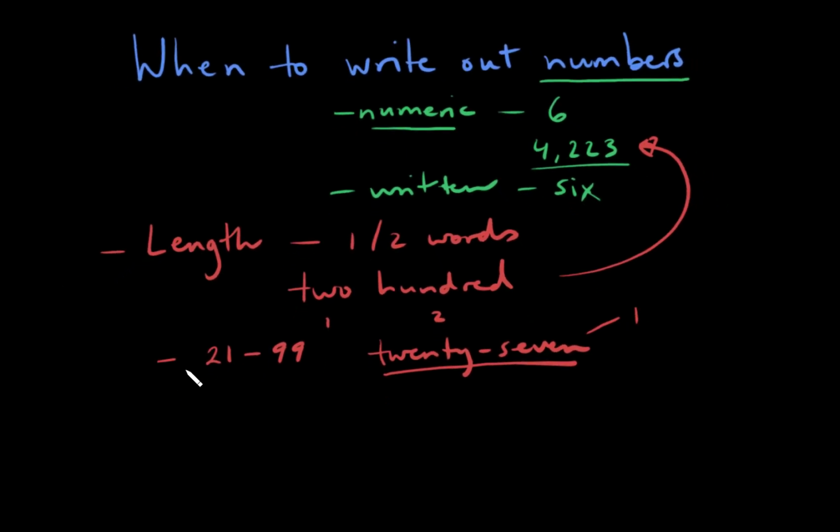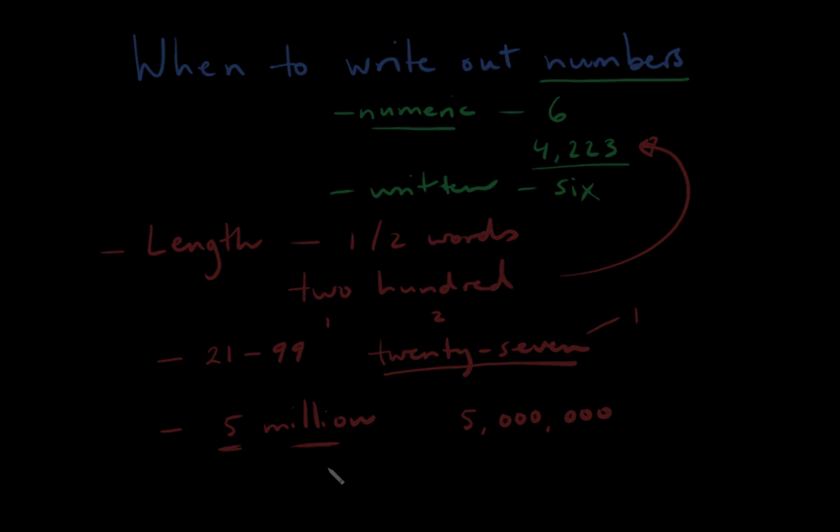The other thing to notice is that if you have a number over 1 million, let's say 5 million, you're allowed to use a combination of numbers and words to express that. Writing out 5 million takes quite a while, even though it's just a couple of words. What you can do is use a number and a word together to express it.